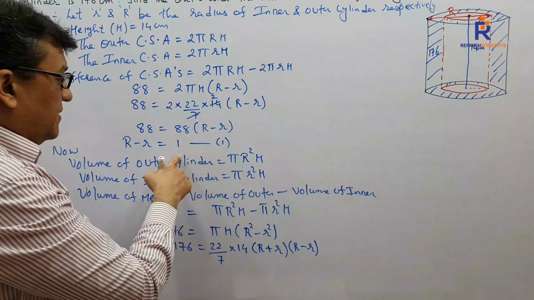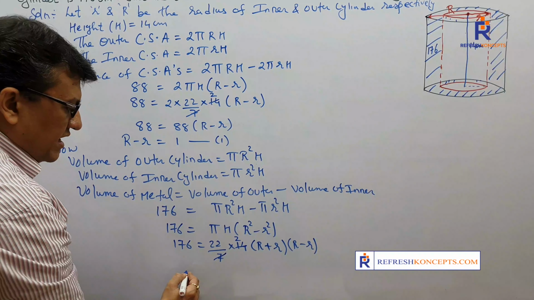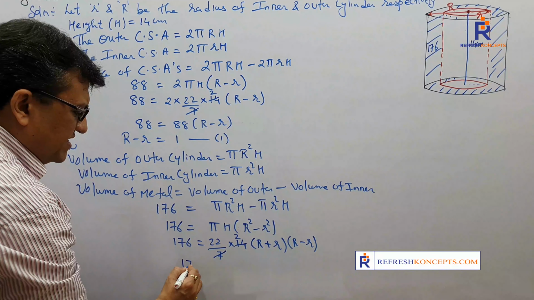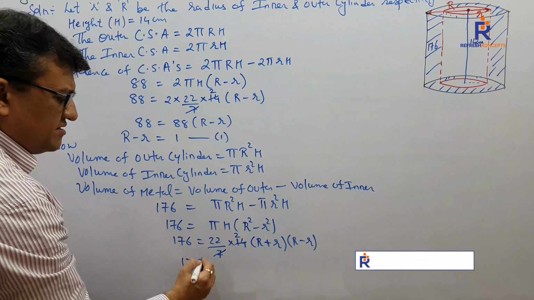So shall we substitute it here? We can go for the calculation. 176 is 22 into 2, which is 44, into R plus r into 1. Why? R minus r is 1. From where did we get this? From equation 1.